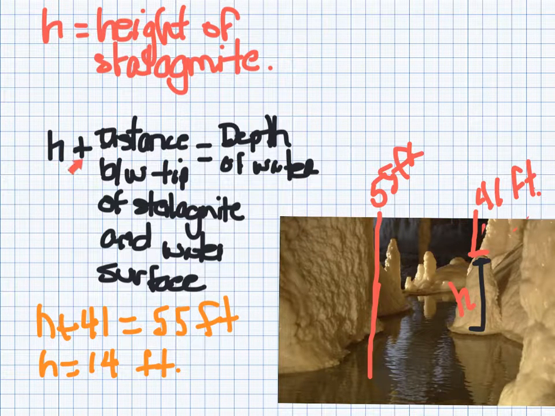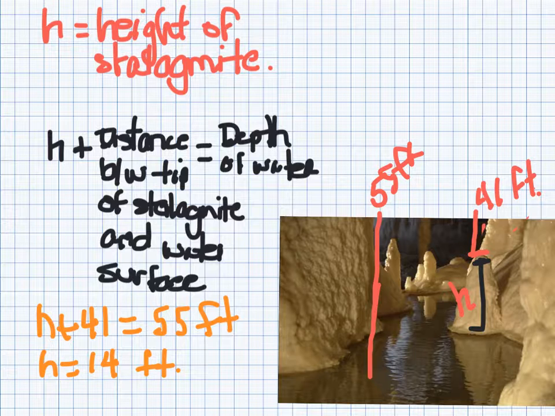It's h, height, plus the distance between the tip right here and the water surface. So this is h right here, and then the distance is going to be from the tip up here to the top, and then the d is the depth of the water, which would be all of it.